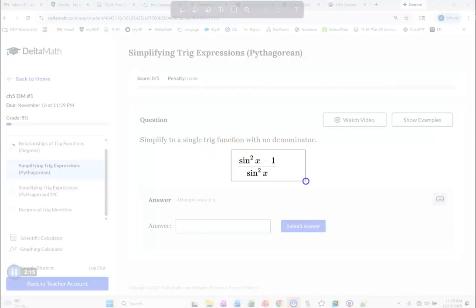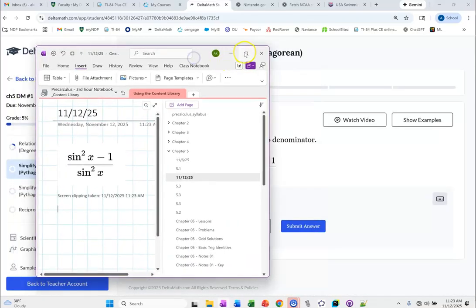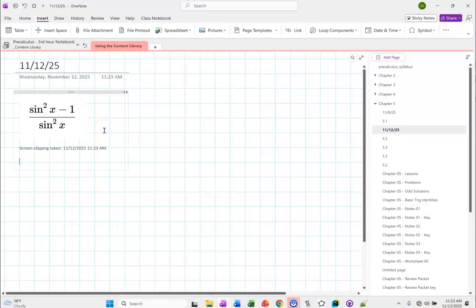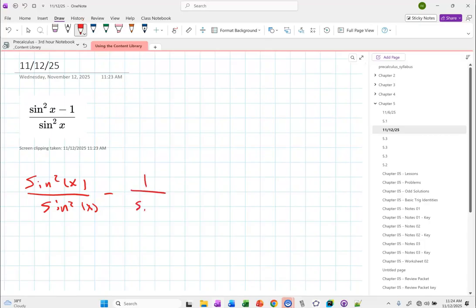Well, I guess it depends on how you planned on doing that. So you could say, because the denominator is a single term, you could write that into 2 fractions with a common denominator. So you could do that. And then you could reduce the first one.